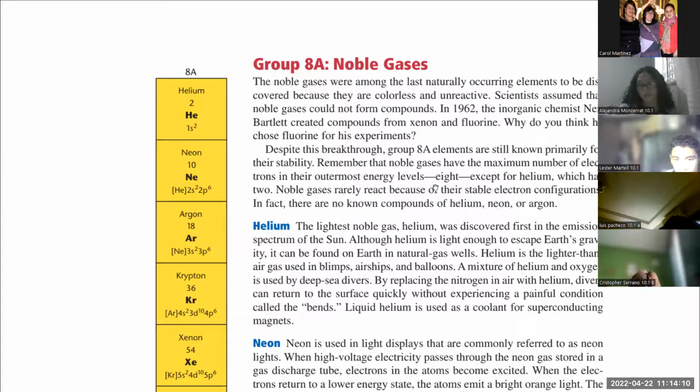Scientists assumed that noble gases could not form compounds only because they are unreactive. But in 1962, the inorganic chemist Neil Bartlett created compounds from xenon and fluorine.